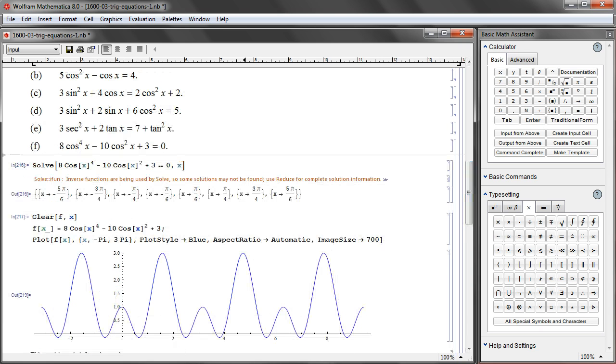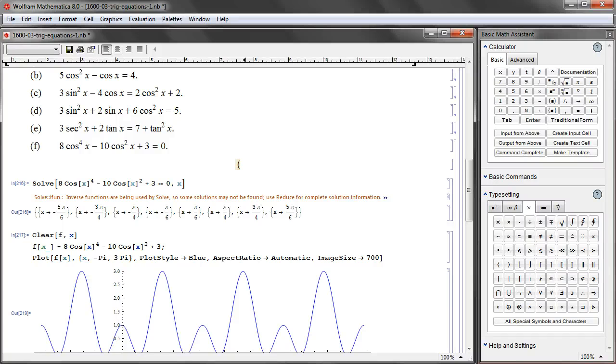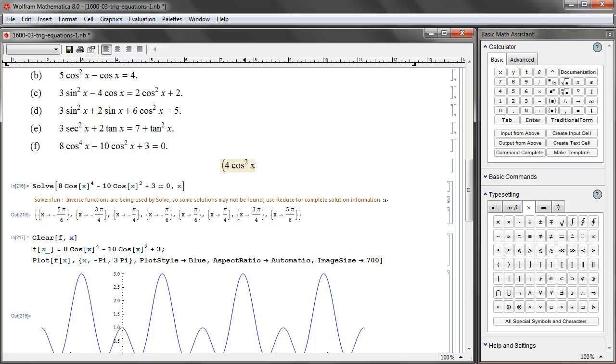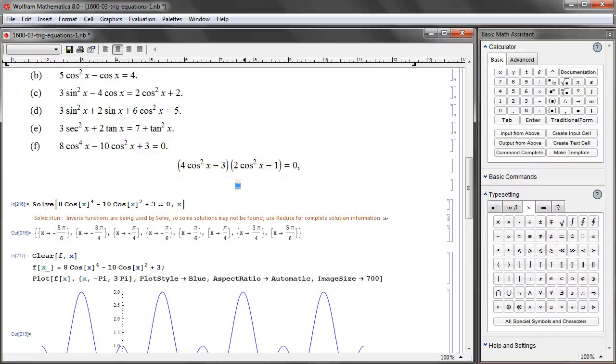How to factor this? 4 cosine squared of x minus 3, 2 cosine squared of x minus 1 is equal to 0. If I remember correctly, this is going to be the factorization. Let's see, 4 times 8. Yes, I'm sure this is right. And then now what do you do?